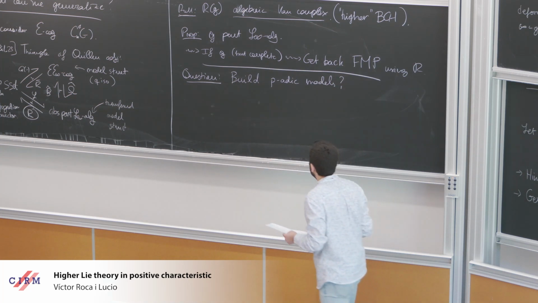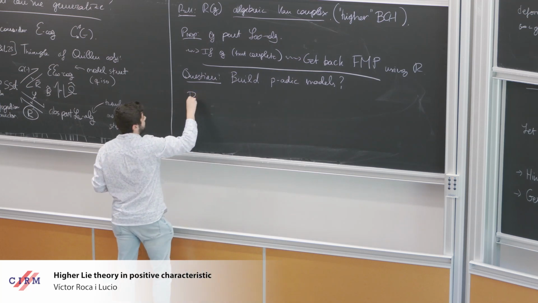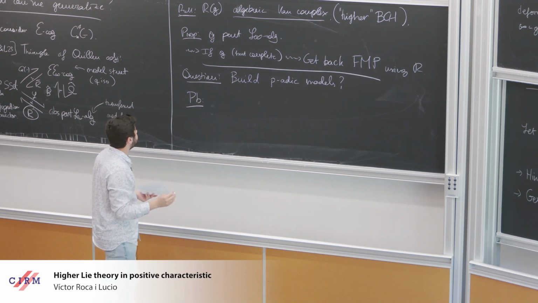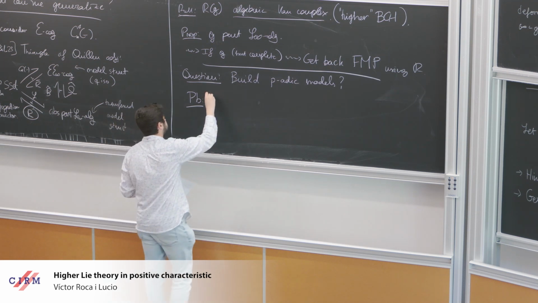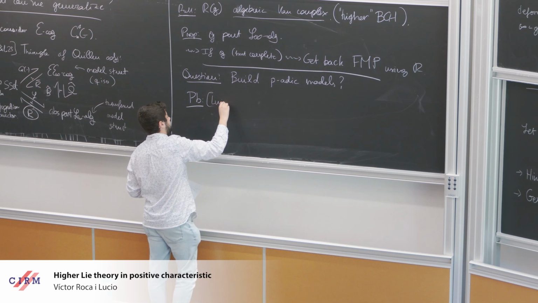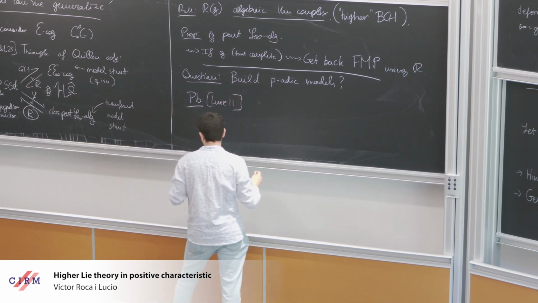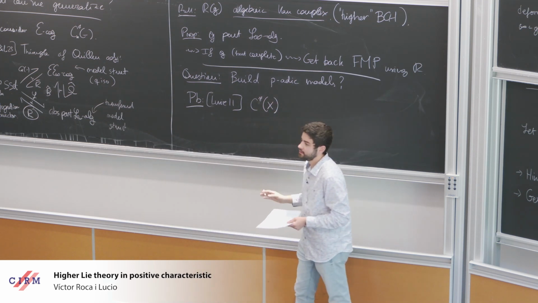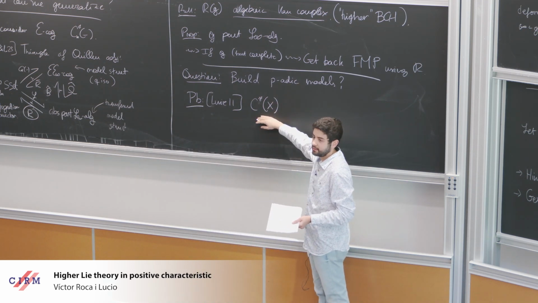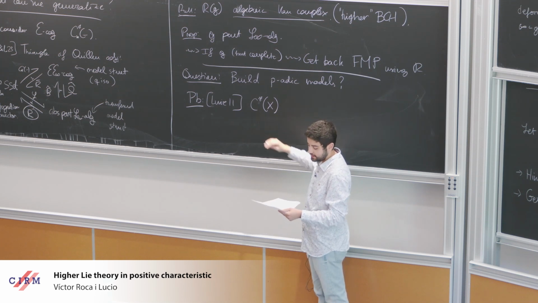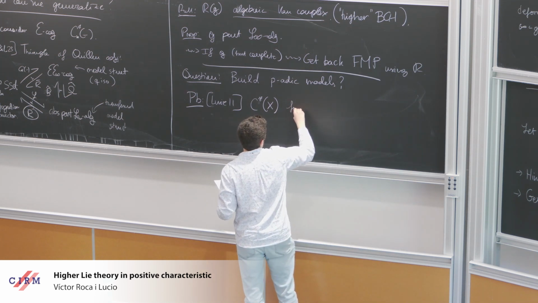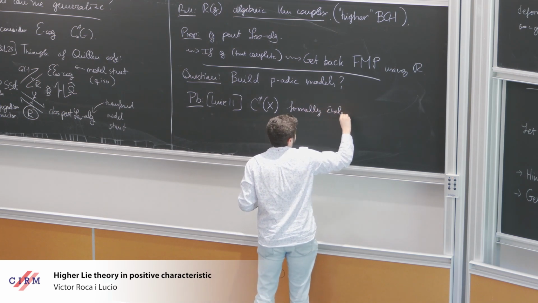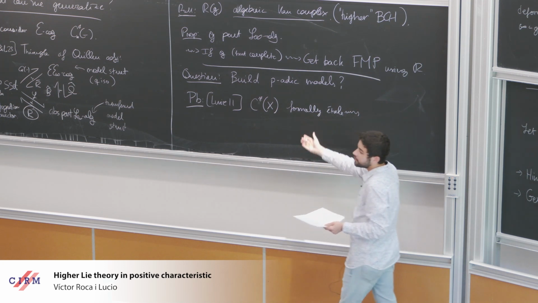It is known that there is a big problem in positive characteristic, and this problem is given by the following result of Lurie, which says the following. If I take chains, cochains on a space with its infinity algebra structure, this is formally étale. What it means is that its bar construction is acyclic.